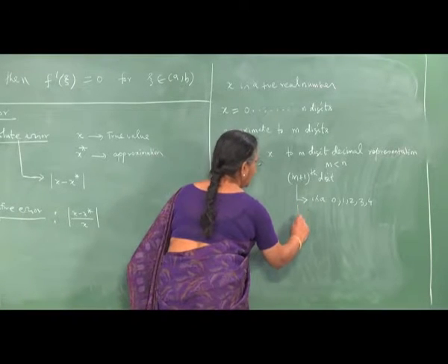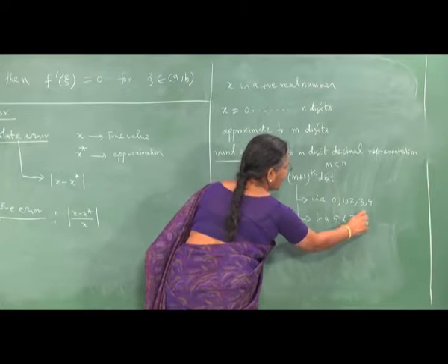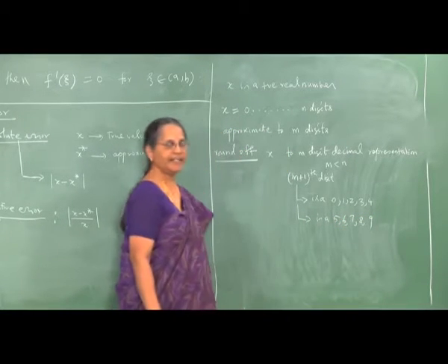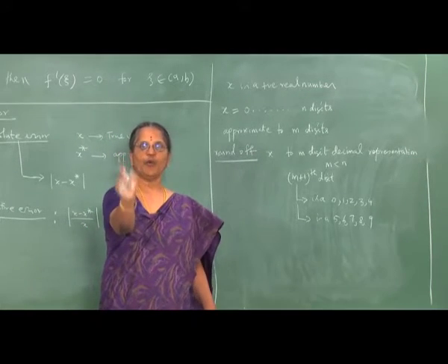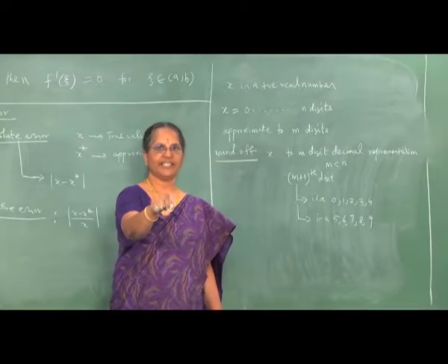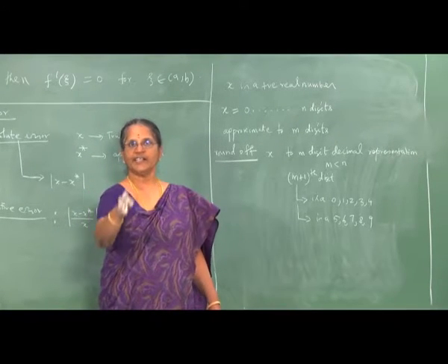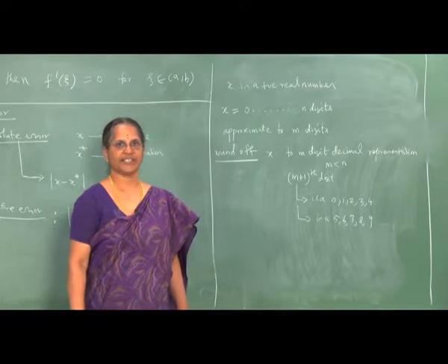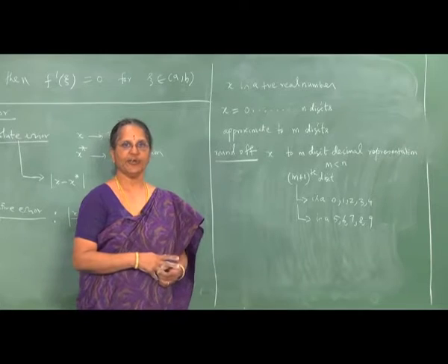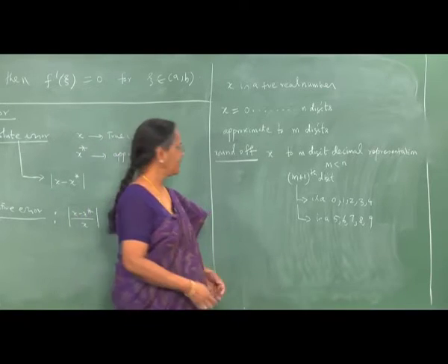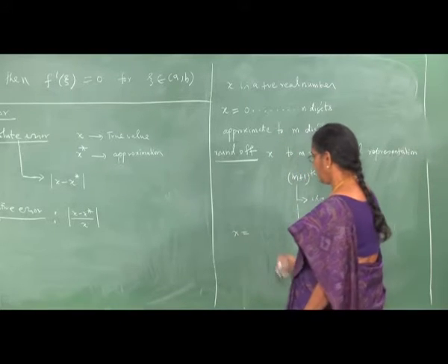On the other hand, if the digit is a 5, 6, 7, 8 or 9, then I add 1 unit to the m-th digit and discard all the digits beyond the m digits. The resulting number that I get, I denote as x star. So, let us take an example and illustrate.